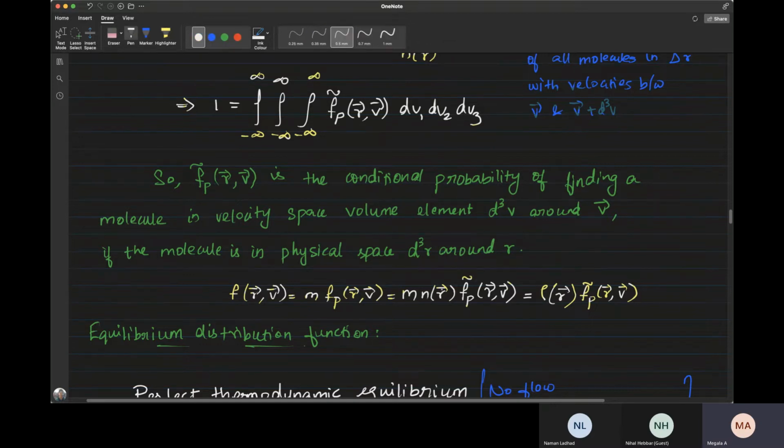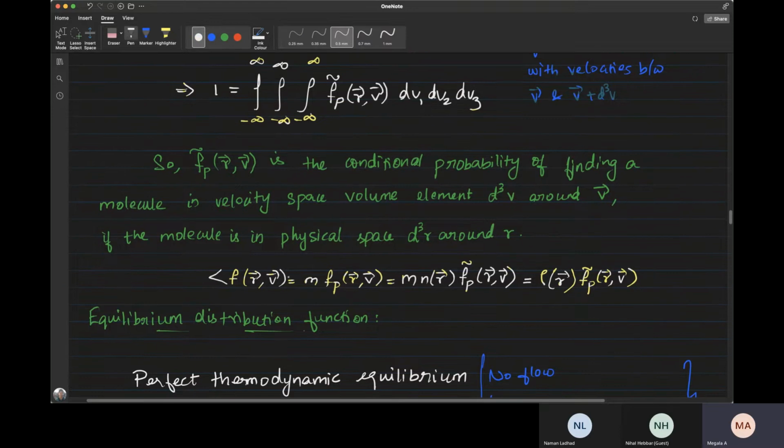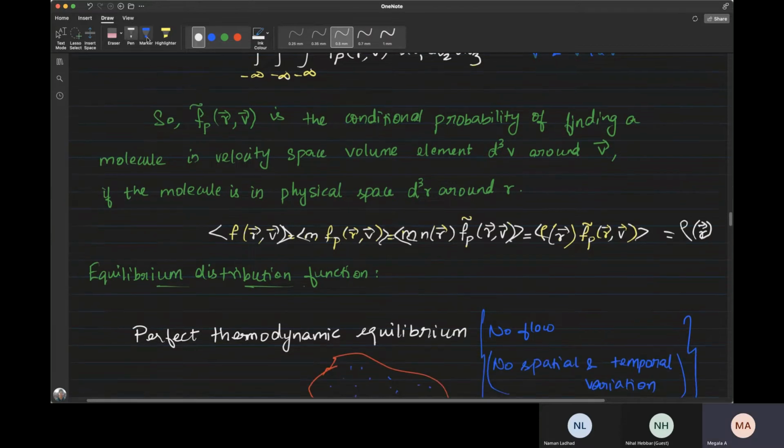That's what I mean to say. If you integrate all of this, you will get density anyways. So all of them are equal.